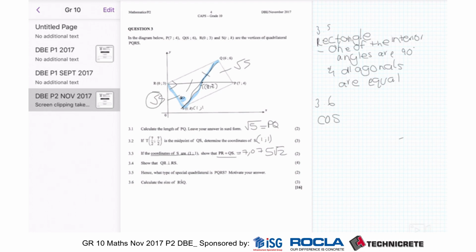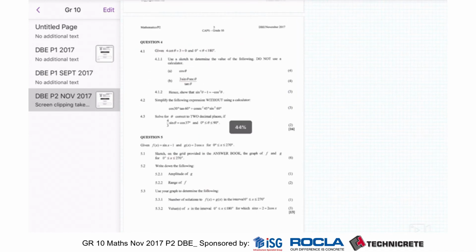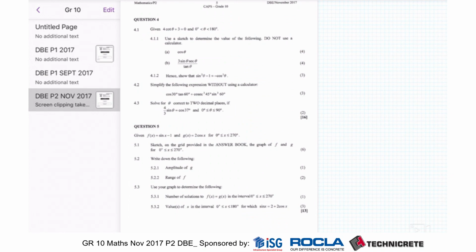So cos of RSQ is equal to root 5 over 5 root 2, and therefore RSQ is equal to, shift cos on your calculator, root 5 over 5 root 2 gives me 71.57 degrees. Okay, this was a 60-mark question. It wasn't that bad. The analytical, if you know your formula, you should be fairly fine. Okay, let's move on to question 4.